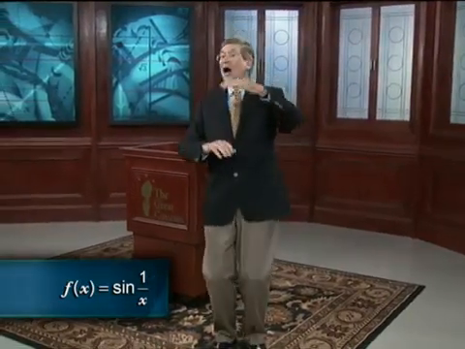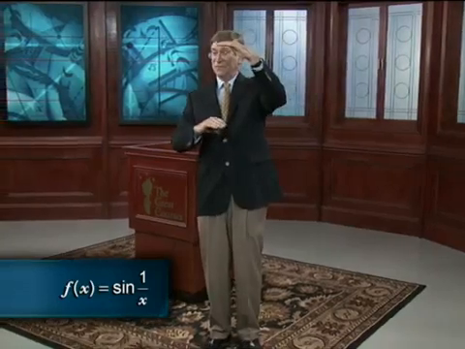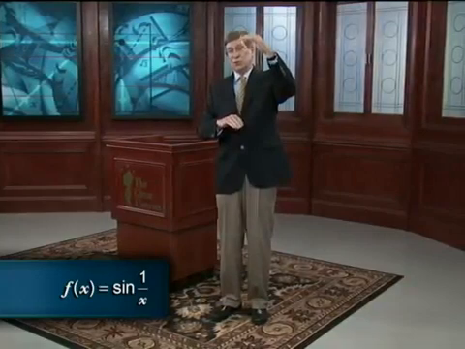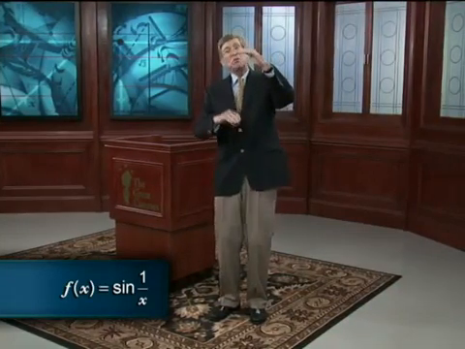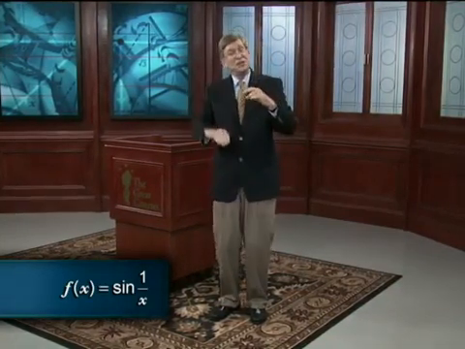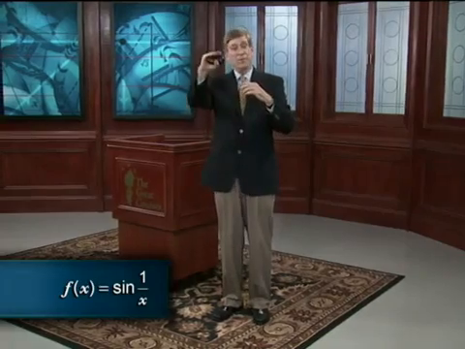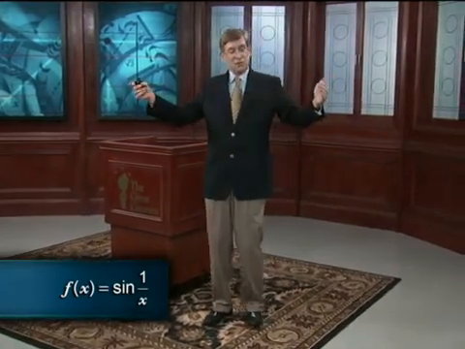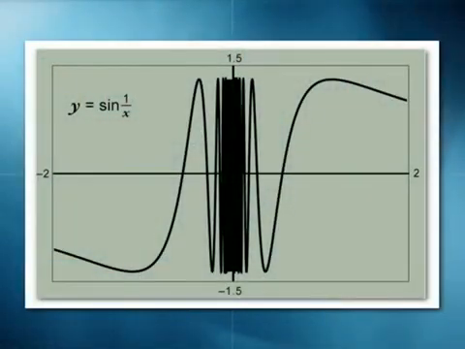And then the vertical window, I'm going to say minus 1.5 to 1.5. I know the amplitude is still 1, isn't it? There's no number in front of the sine. So it's going to go between minus 1 and 1. And then I have a certain x interval. And here's a graph of it.